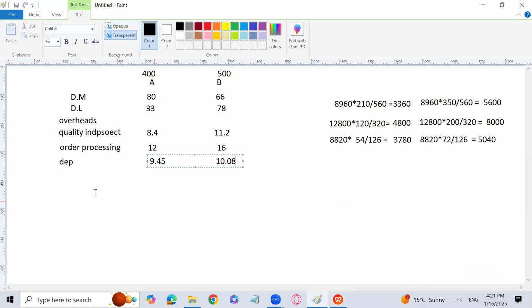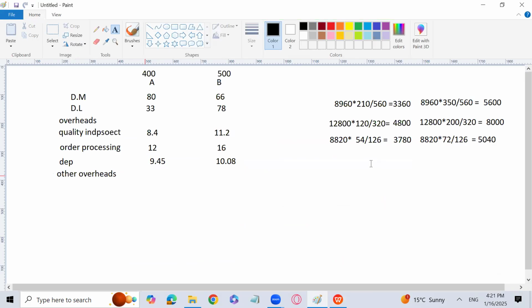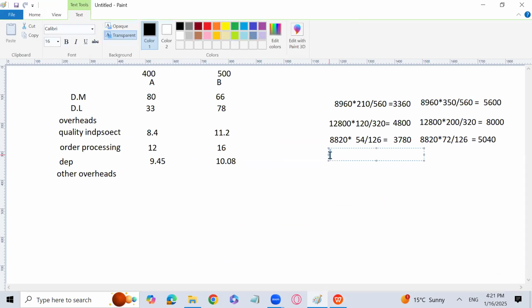They are quite easy now. Other overheads for the units produced. So that is going to be 18,000 multiplied by 4/9, or 400 over 900, sorry. How much is it going to be? 8,000.